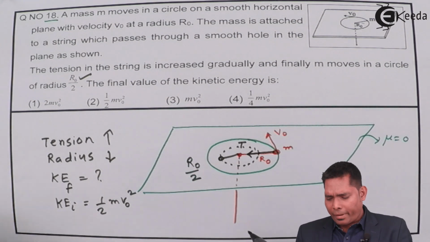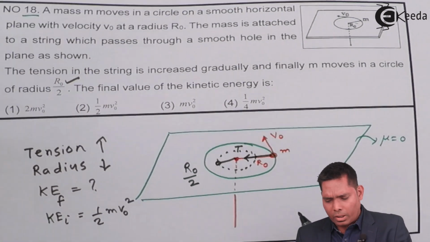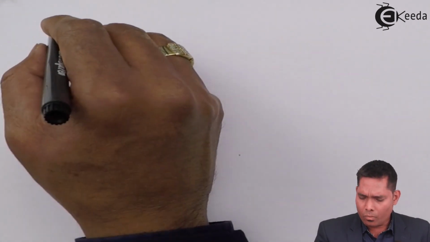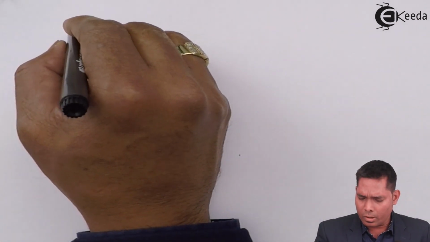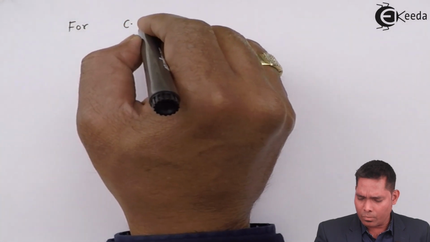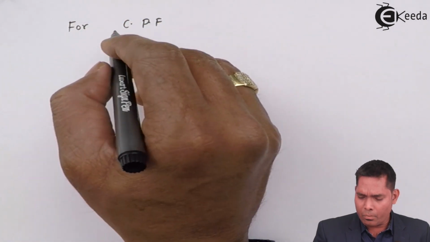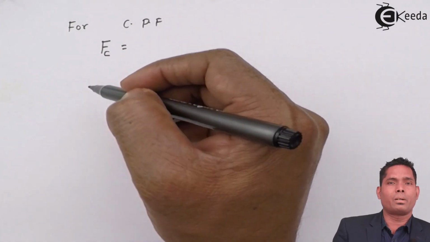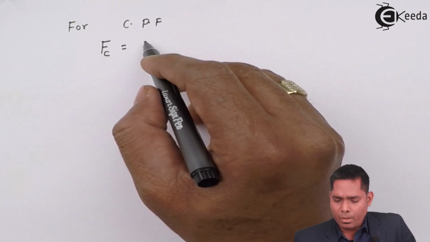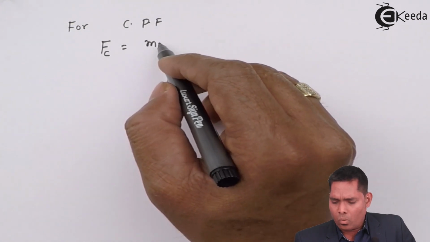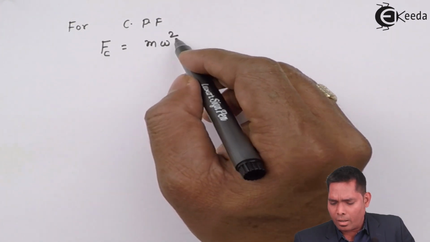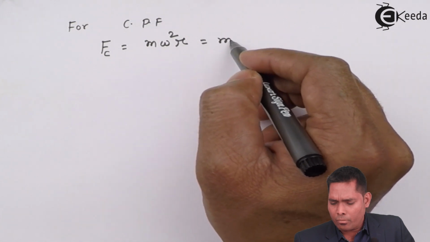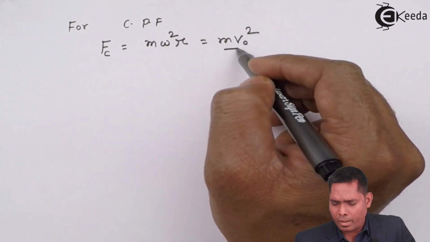If tension provides centripetal force, then the formula for centripetal force, say Fc, is m omega square r, or m v square by r.